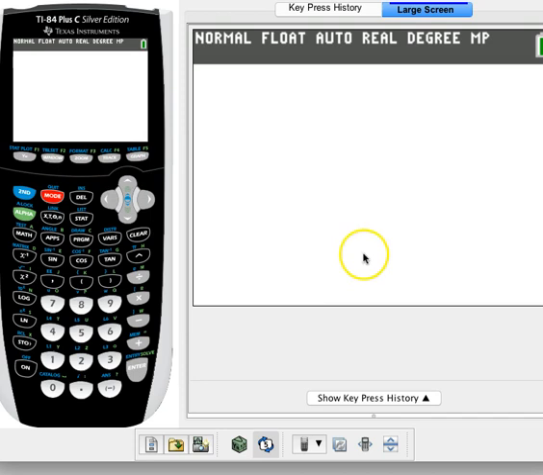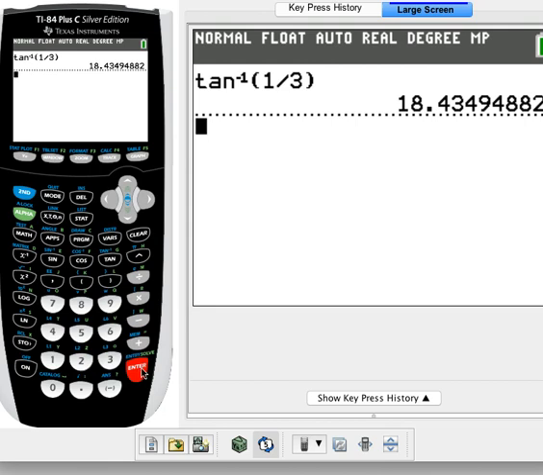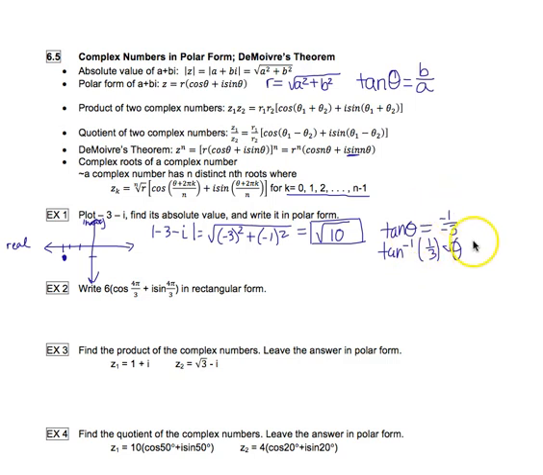I know that 1/3 isn't a unit circle value, so I'm going to do inverse tangent of 1/3, and that gives me about 18.4 degrees. So theta is 18.4 degrees. Now I have my r, because r, remember, is the same as the absolute value, and I have my theta, so I can write it in its polar form.